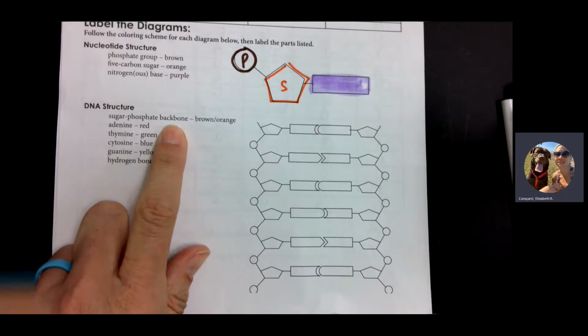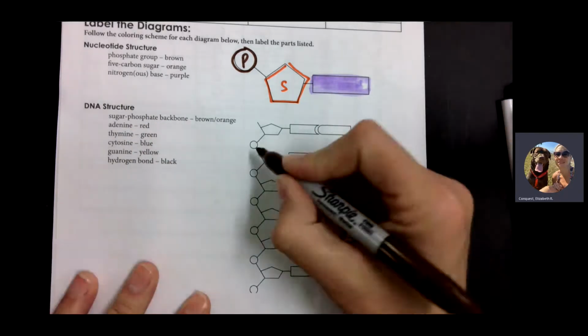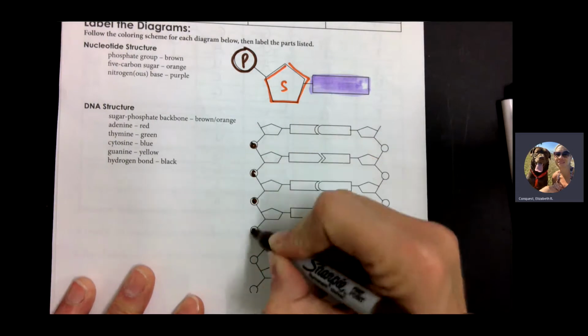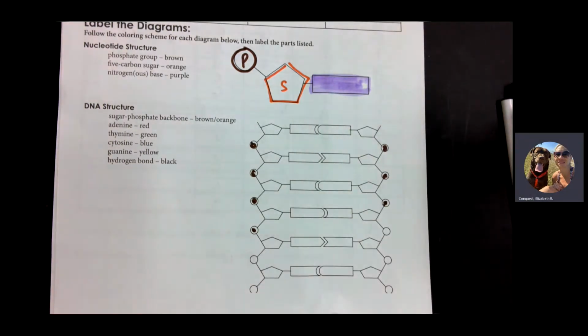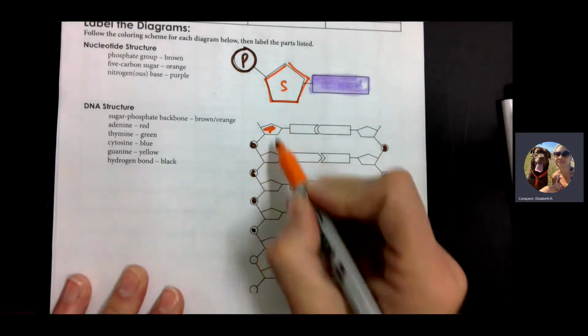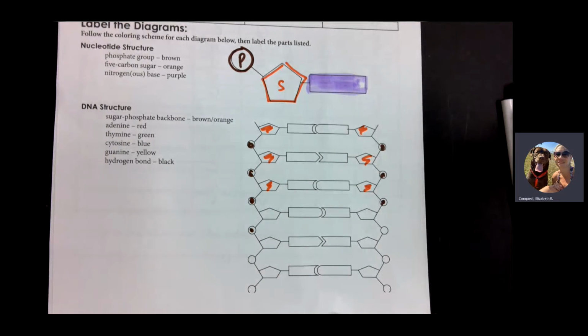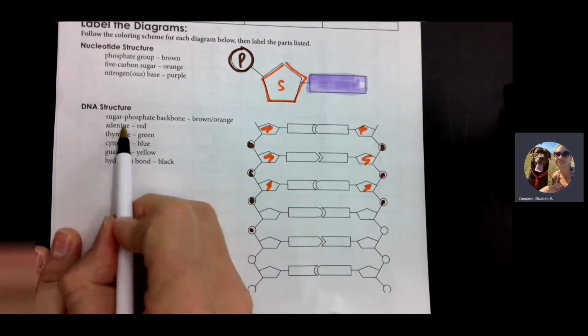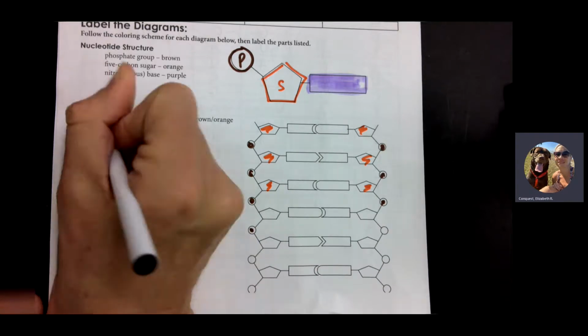So the sugar phosphate backbone is going to remain brown and orange. So all of my circles are brown on both sides. And my sugars will all stay orange. Okay, I'm going quickly. You guys can do it neater. Now it gives me adenine, thymine, cytosine, guanine. Well, remember the base pair rules.